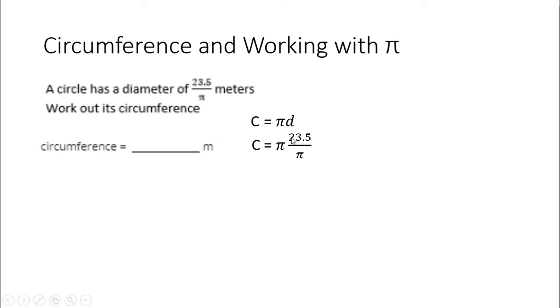So it would be pi times 23.5 on the top and 1 times pi on the bottom. So that's 23.5 pi on the top and pi on the bottom. And again, to simplify this fraction, I can divide both top and bottom by pi, which would just leave me with 23.5. The circumference is 23.5 meters.